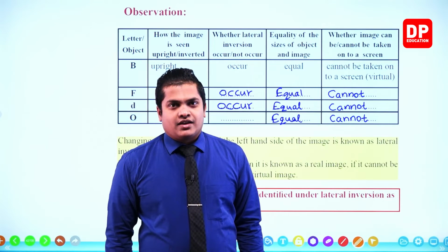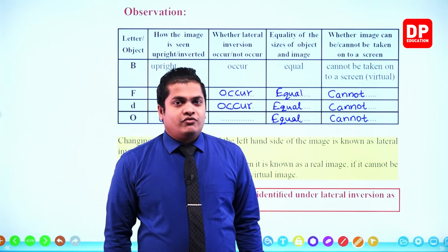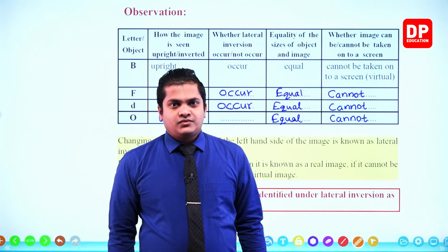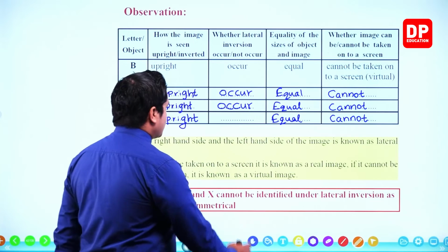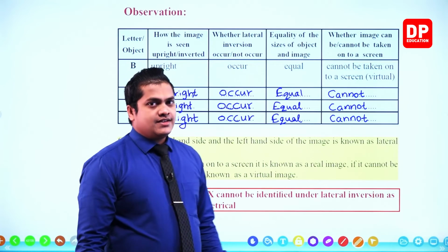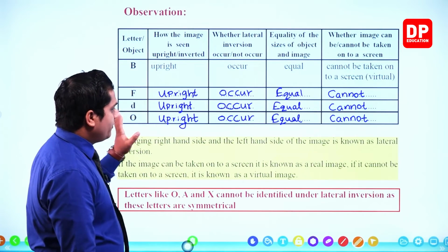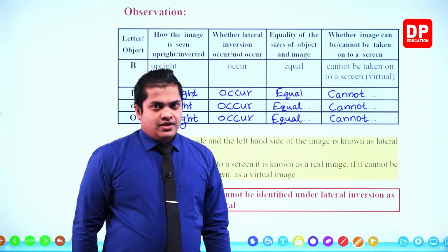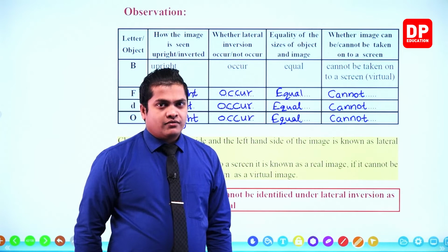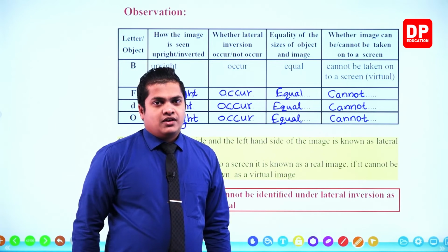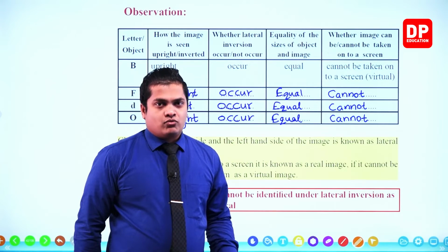In symmetrical objects and symmetrical letters, we won't be able to observe the lateral inversion. So here also it is going to occur. However, if the letter is the same as letter O, we won't be able to observe it very clearly. However, when you keep a point or a dot from a certain side, then we can observe the switching process, the lateral inversion.